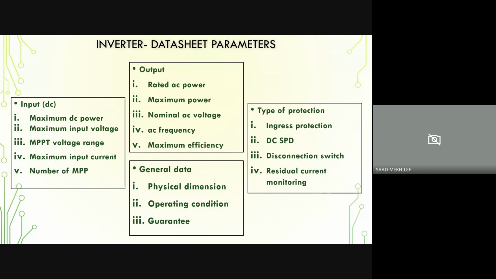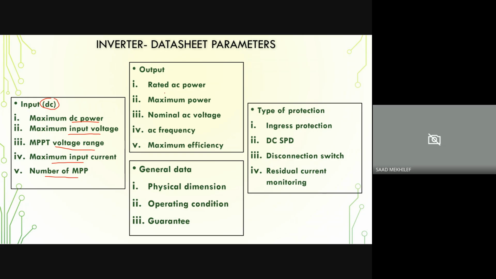It is very important to understand this, because the inverter has a DC input. So you need to know the maximum power, maximum input voltage, MPPT voltage range, maximum input current, and number of MPPs. Sometimes you have multiple ones.